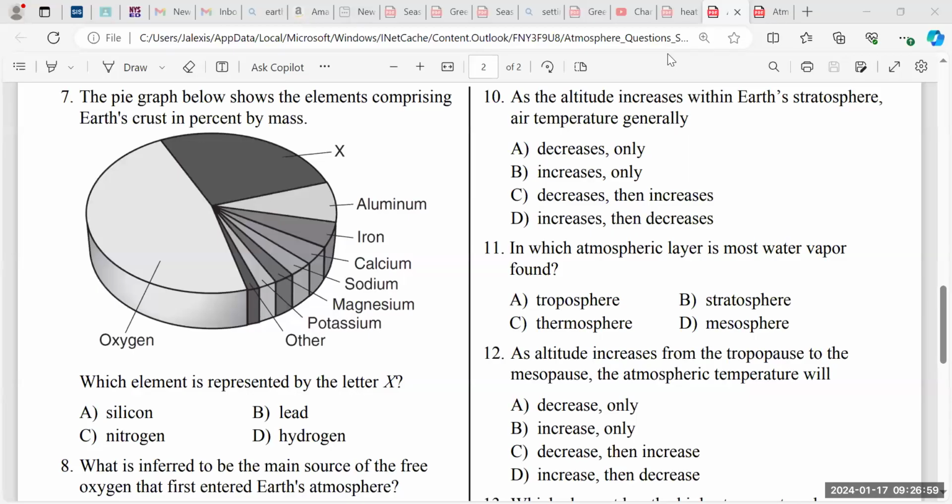All right, number 10. Number 10 says, as the altitude increases within the Earth's stratosphere, and this is very key, we're only talking about the stratosphere, air temperature generally does what? So I'm only looking at the stratosphere to see what temperature is doing only in the stratosphere. What page am I looking at, everybody?